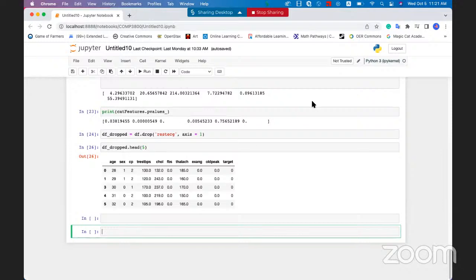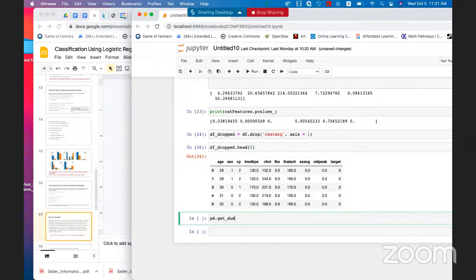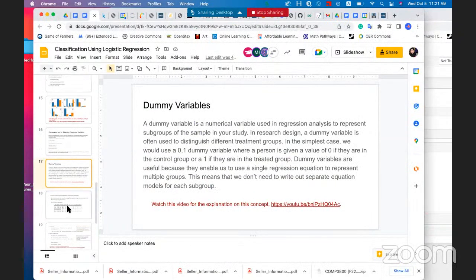Next is getting dummy variables. You give it the data frame, and then you specify which columns you want to transform to dummy variables.